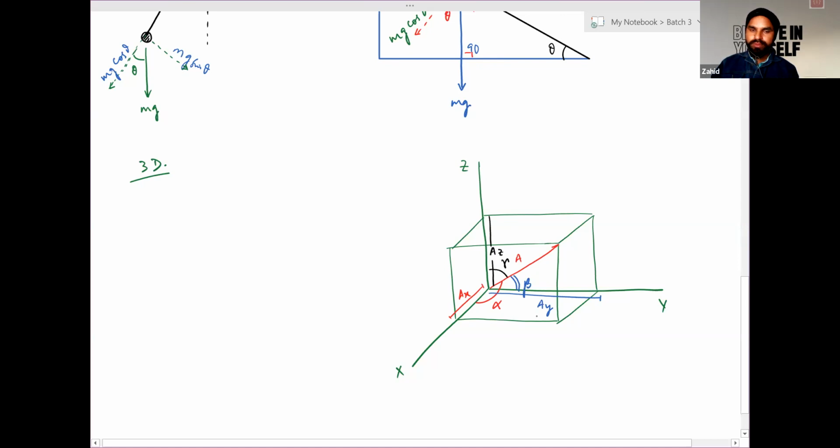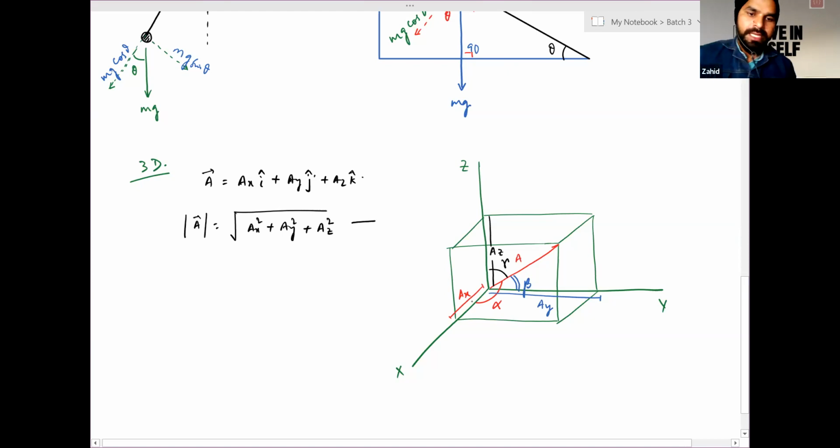Now, using these components, we can write A in terms of vectors as ax i cap, ay j cap, and az k cap. Now, the mod of A will be root under ax square, ay square, az square.